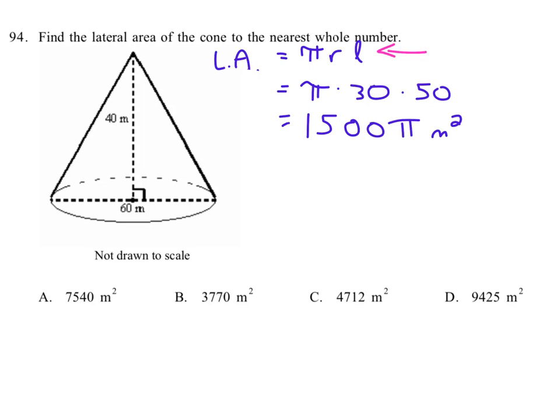So 4,712 meters squared is our answer. And let me just write, is approximately equal to 4,712 meters squared. Yep. So in this one, you have to find the slant height, and then you have to use that formula that I have the arrow pointing at in pink up top for the lateral area.